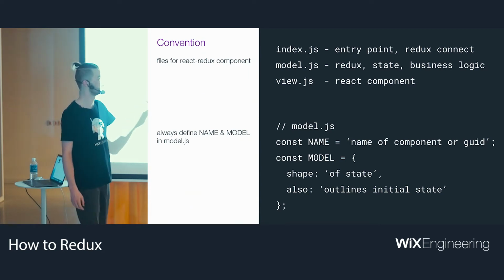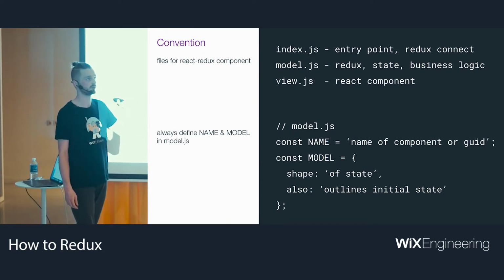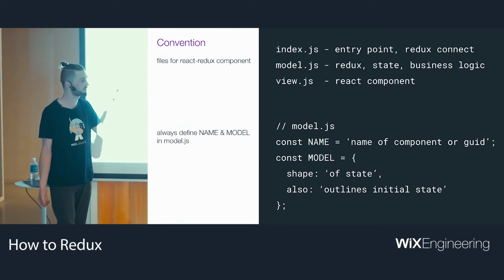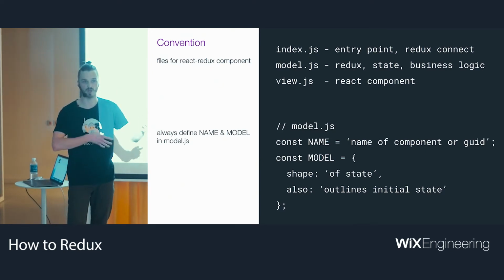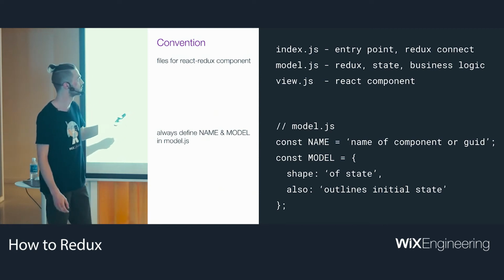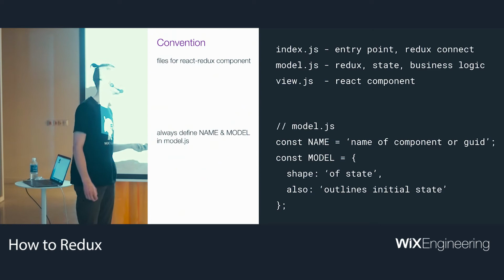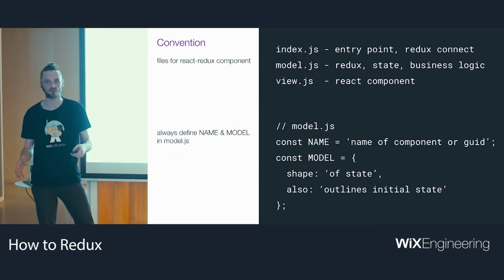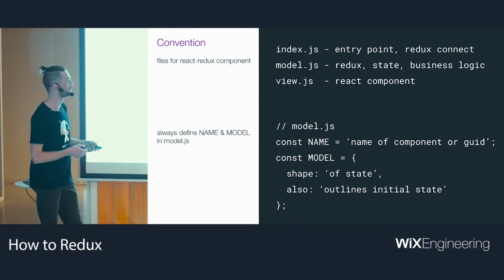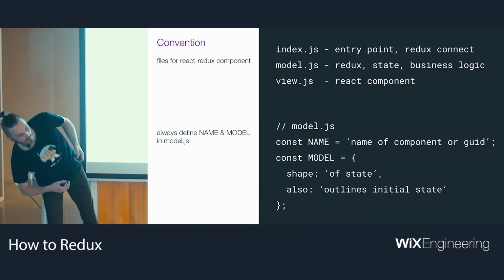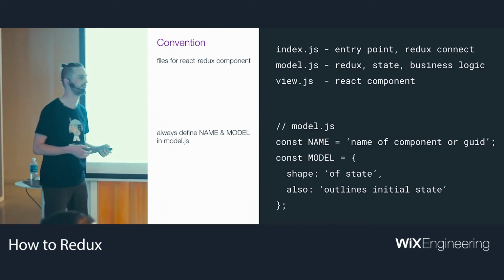And here you can also keep the Redux connect, because from my experience it's usually not too big of a file. It's just mapStateToProps, mapDispatchToProps, and I will show you later how it looks. Model.js, as I said, keeps Redux stuff, so some state changes, maybe action types, but is everything okay? Hopefully, yeah.